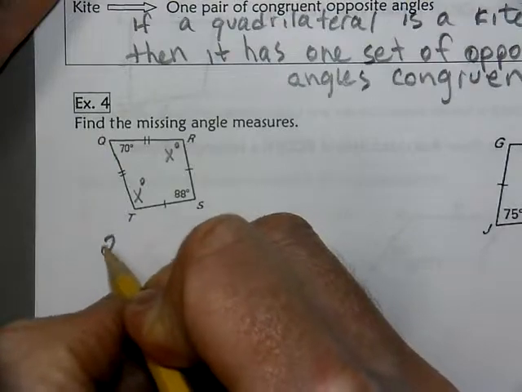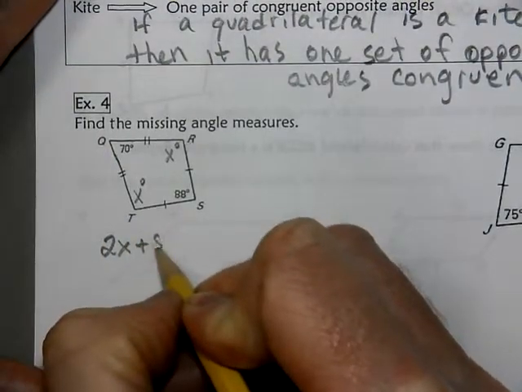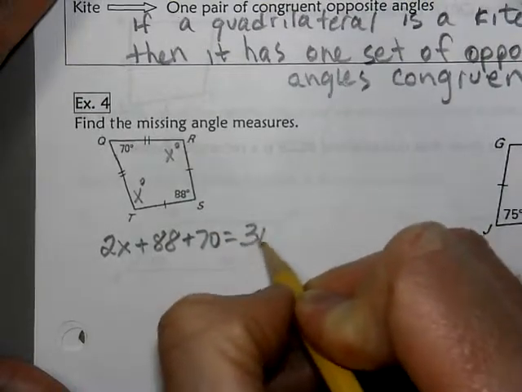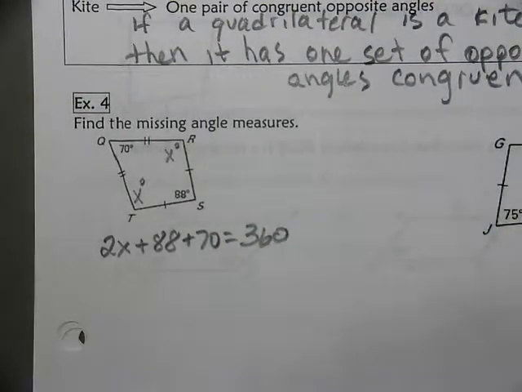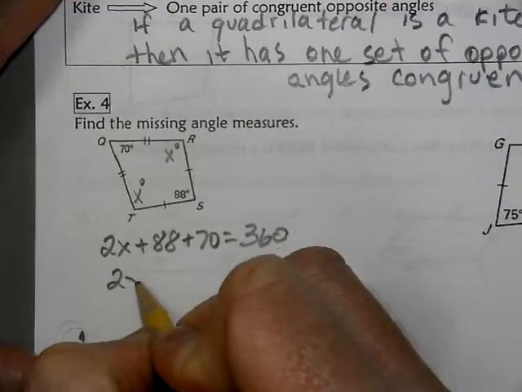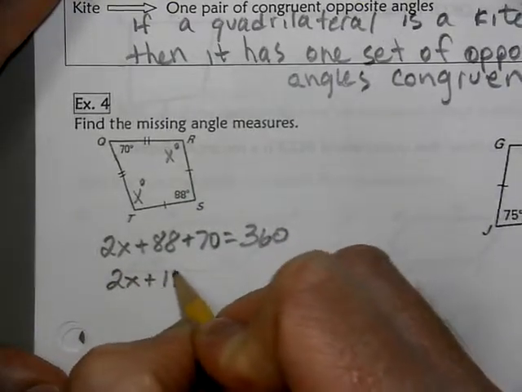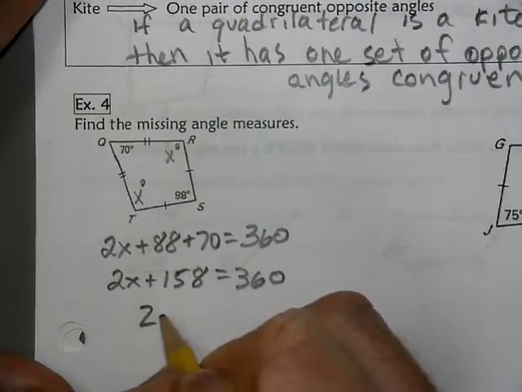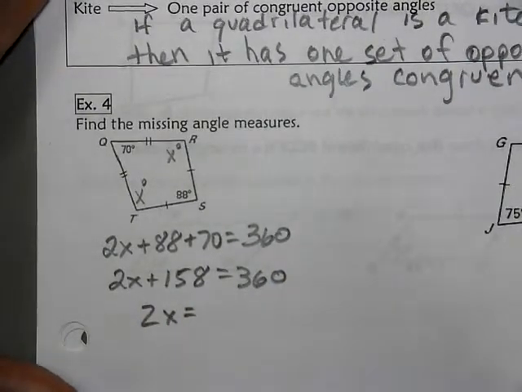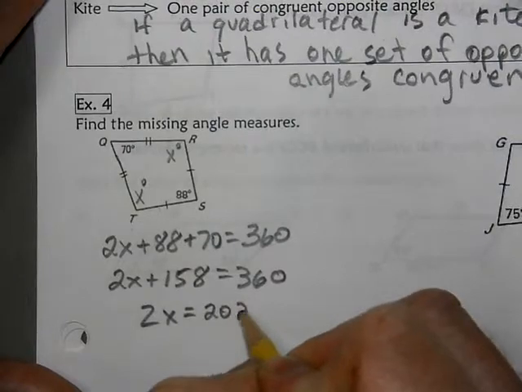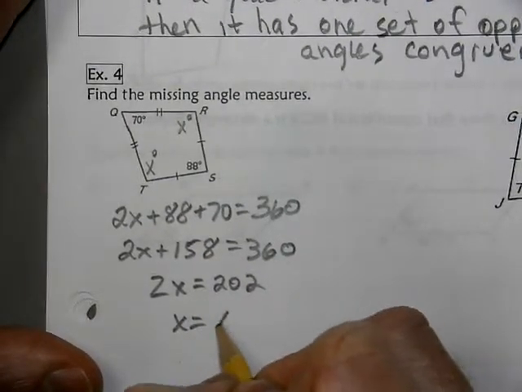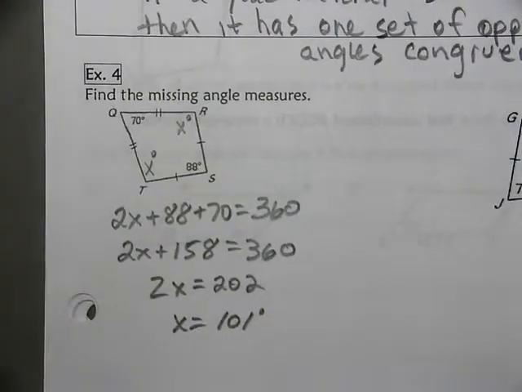So we have 2 x's plus our 88 plus our 70, and they have to add up to 360 total. So collecting our like terms and subtracting, we get 202. Dividing by 2, we get 101 degrees.